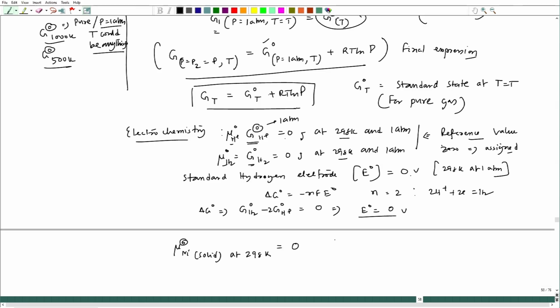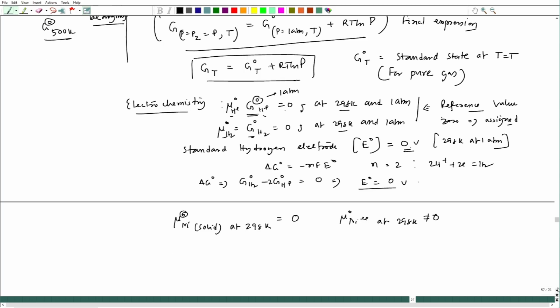But the chemical potential of nickel plus plus at 298 Kelvin is not 0. The only case is H plus at 298 Kelvin, 1 atmosphere, which is assigned as 0 joule. Why? Because in order to get the standard hydrogen electrode potential to be 0 volt through this calculation.